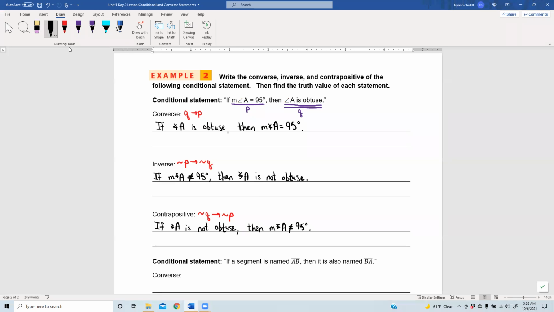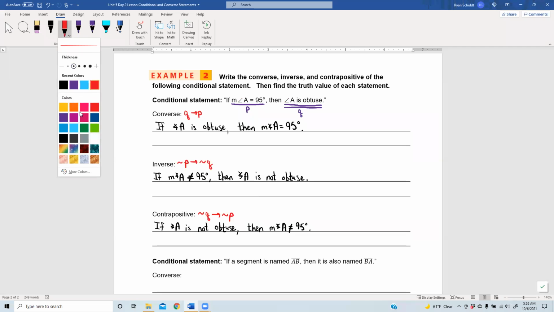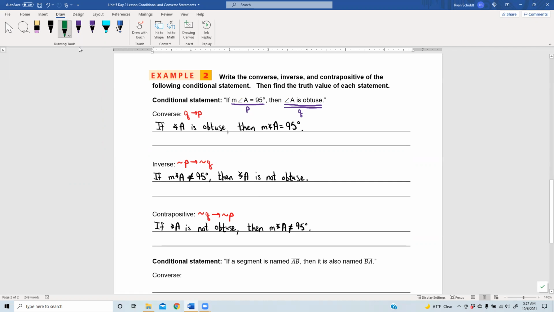Okay, now we have to find the truth value. So let's go through each of these and see if they're true or false. If angle A is obtuse, then it has to equal 95 degrees. No, this is false. We could give a counterexample, but we'll just say it verbally.